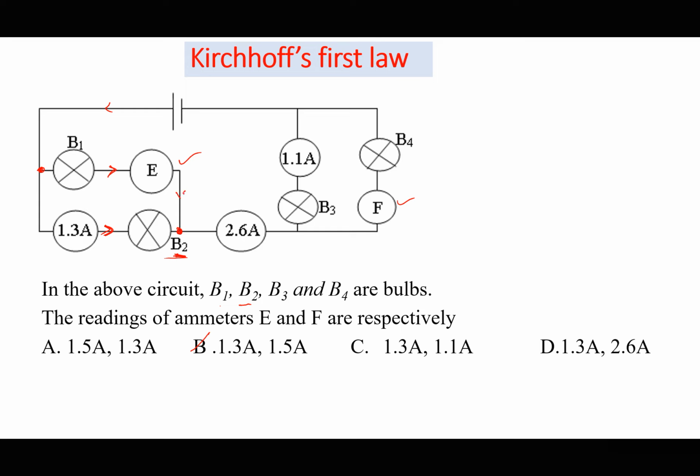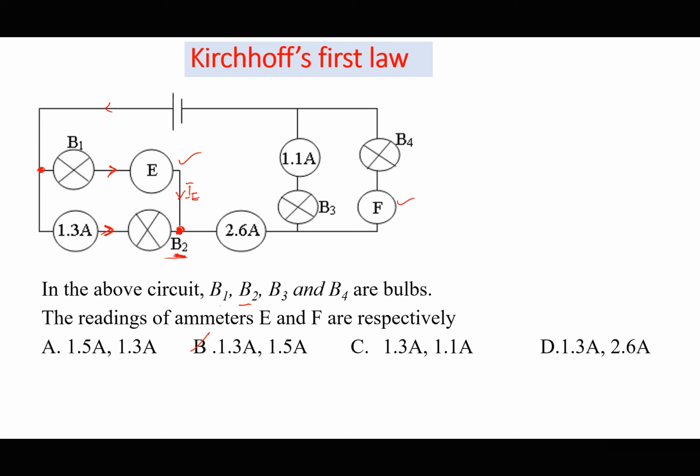At this point, the current which goes through E combines with the 1.3 at this junction to give us 2.6. So I have that at that junction. Sorry, I don't need to write B there.